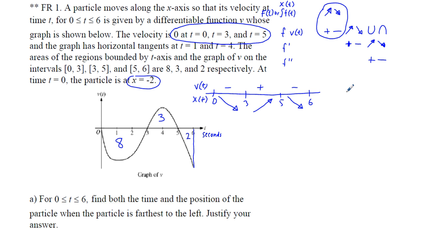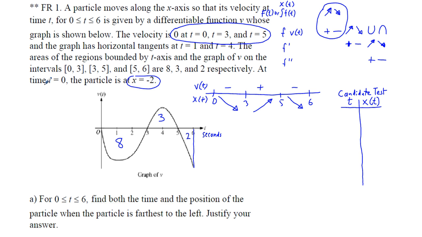What we're going to do for analysis is what we did earlier on note card 31. We're going to run what we call a candidate test. Because what are we trying to find here? For t between 0 and 6 seconds, find both the time and position of the particle when the particle is farthest to the left. Justify your answer. So we're going to have t and x of t.